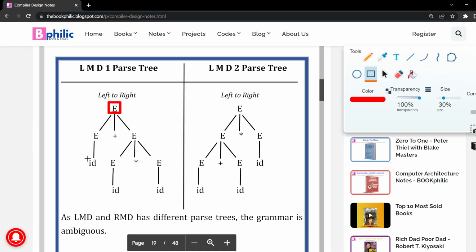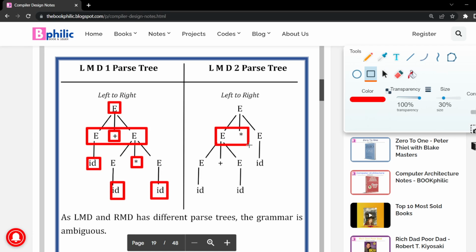So let us start with capital E. Ultimately we need to derive this id plus id star id. To get this we have to derive it further into capital E plus capital E, and on the rightmost side we have to take capital E star capital E, then only we can derive it into the respective id. And this capital E cannot be derived further into id because we have to get this star.